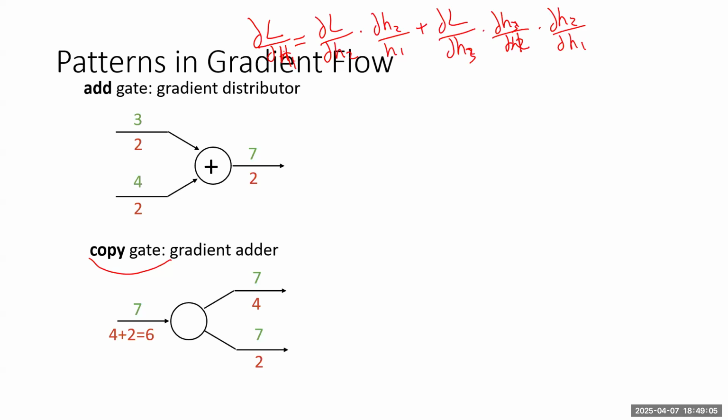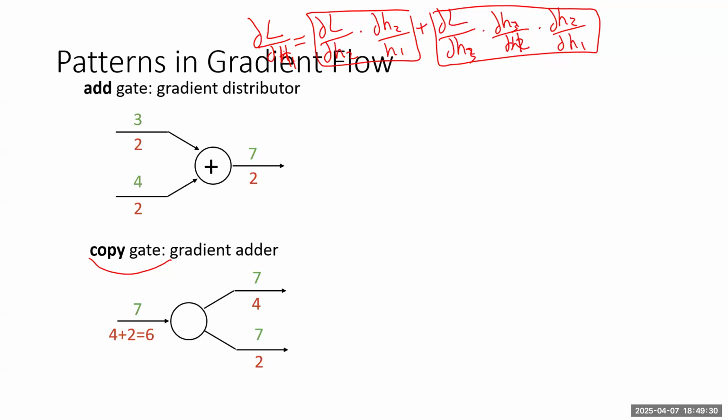This is the first component, and this is the second component. So I have to add them together to produce the final derivative. This is if I have forking.